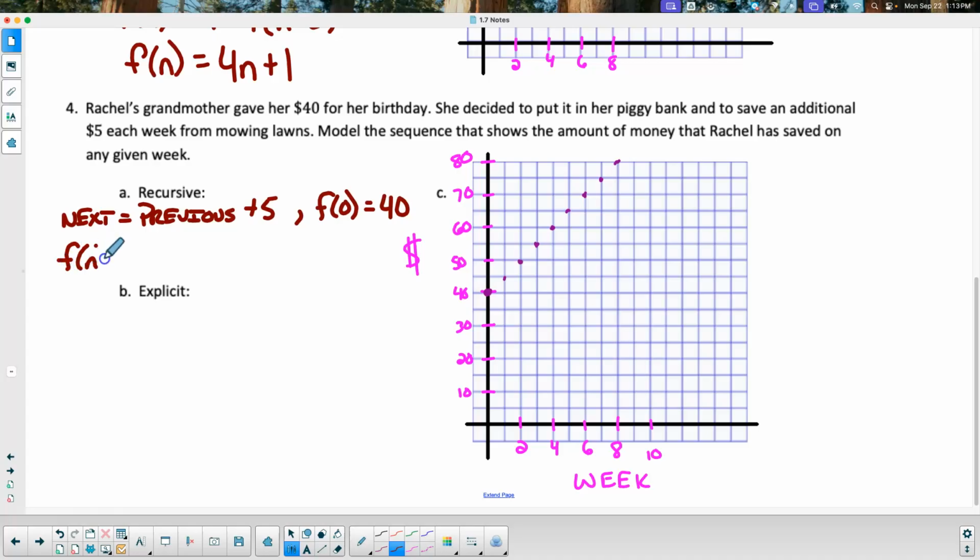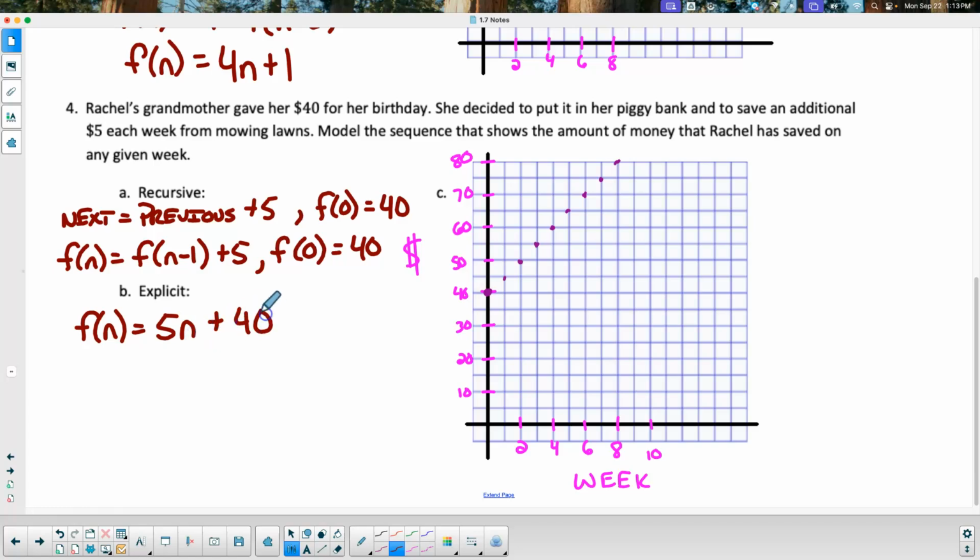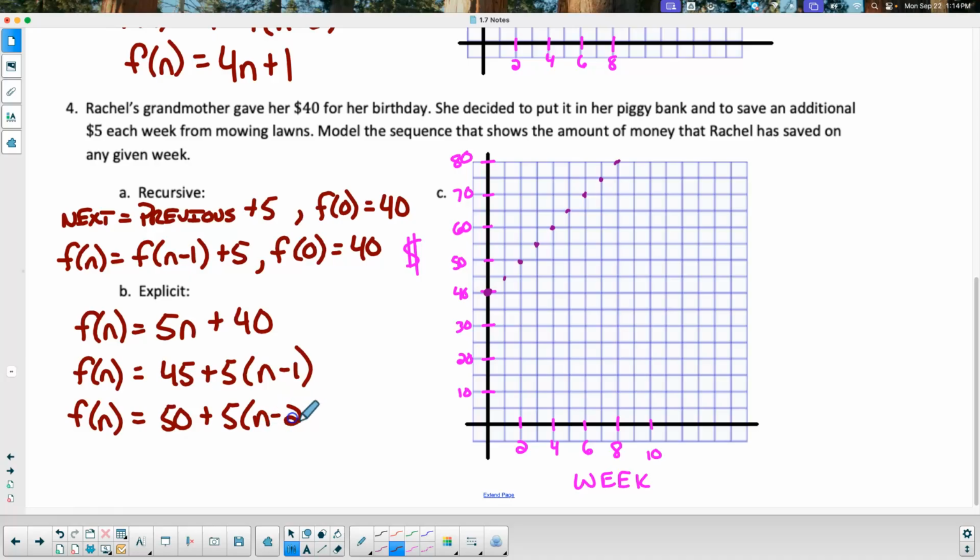Or the explicit equation, 5n plus 40, or we could have gone with that one, that one, so on, so forth. Questions on that one?